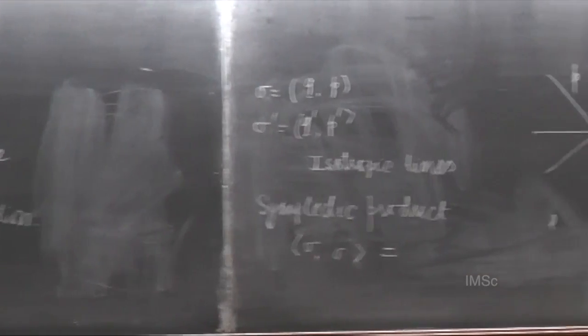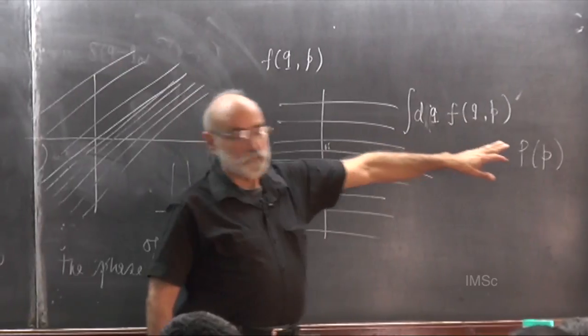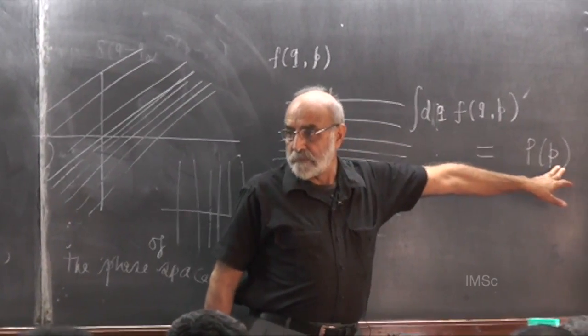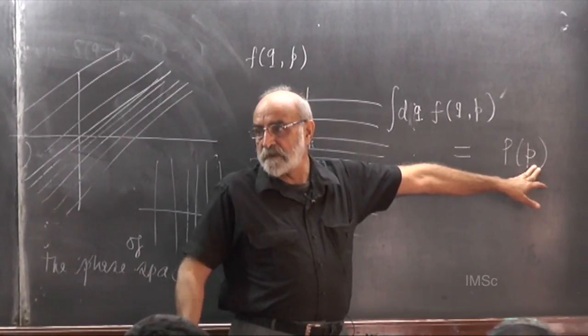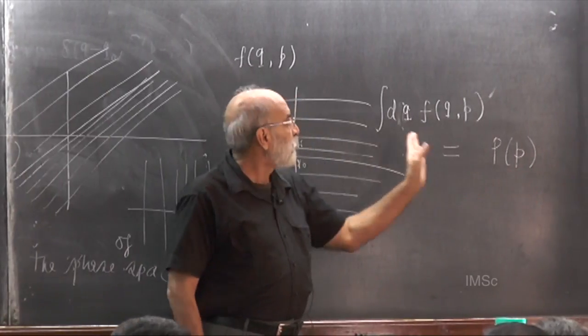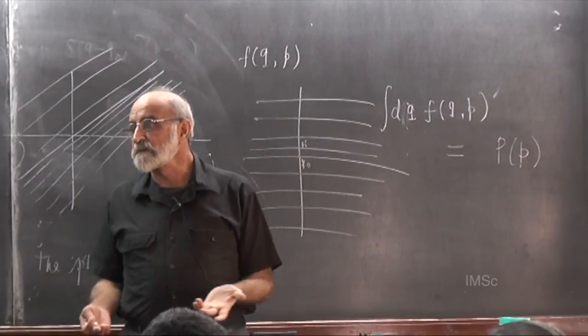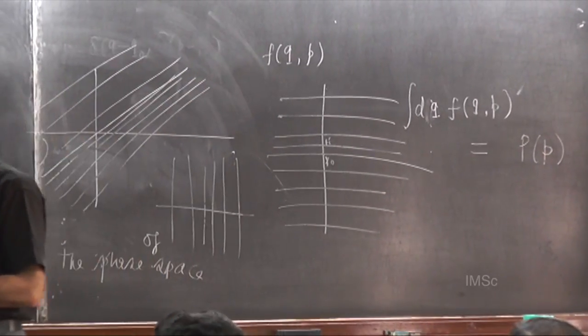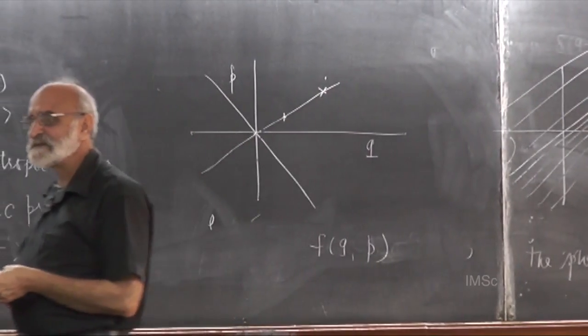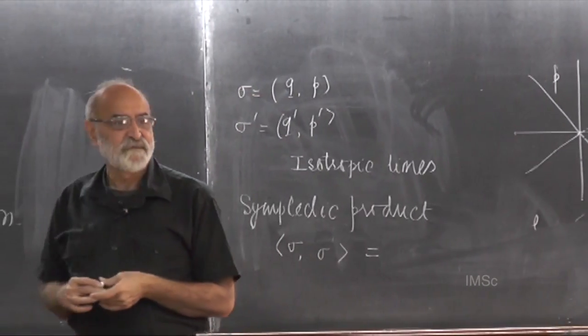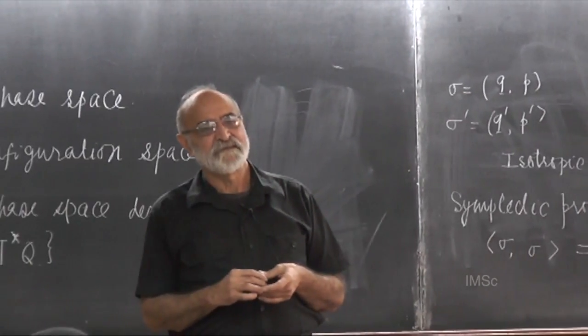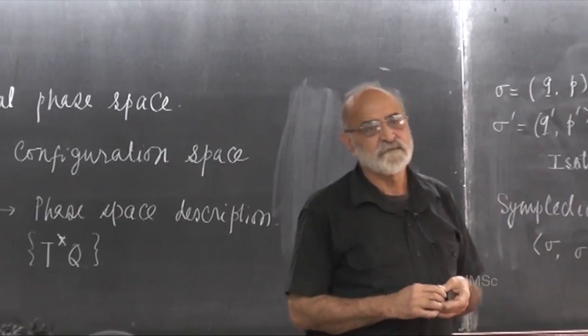For example, here you did this integral, you got some marginal distribution in terms of momentum. Suppose you integrated over p, you will get a different function. For different decompositions, you get different marginals.